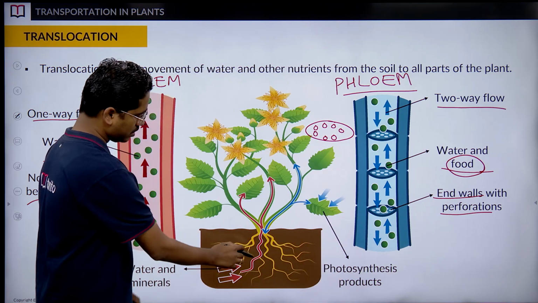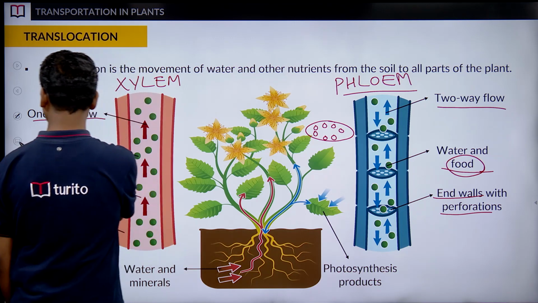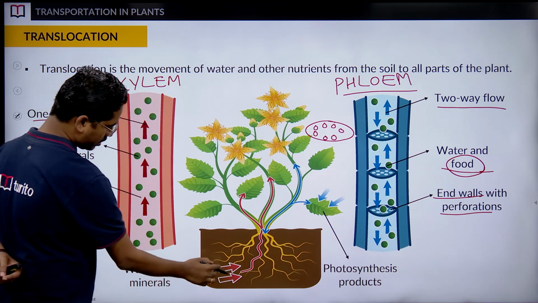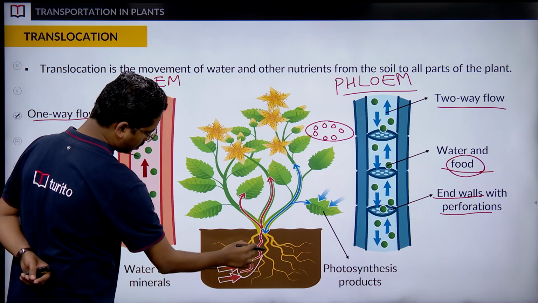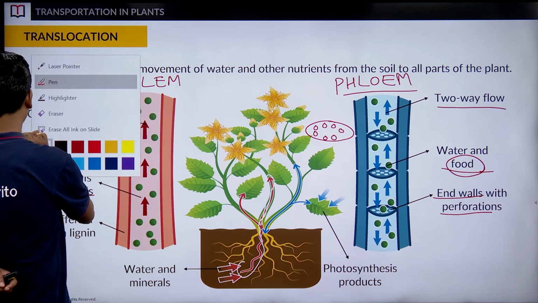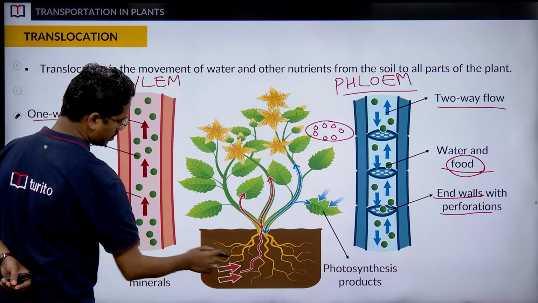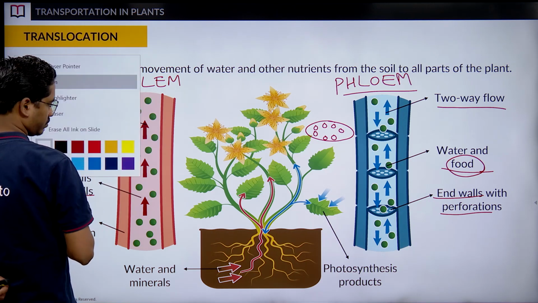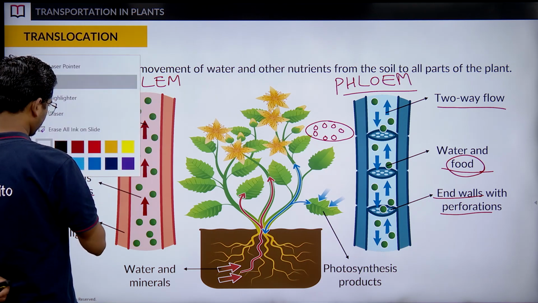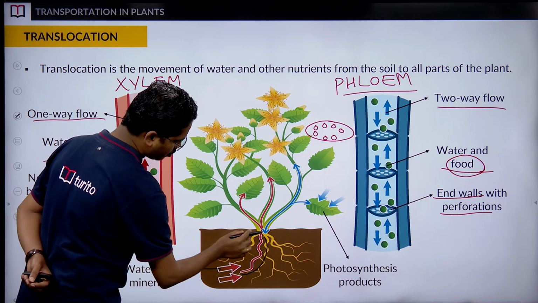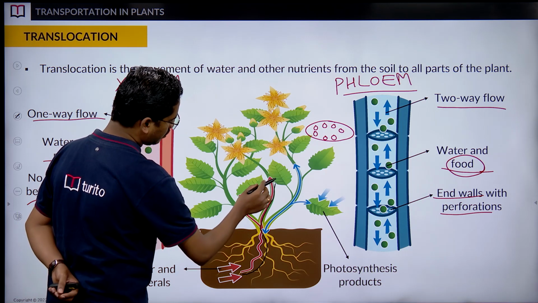So, I will show you in this particular plant. This red color one is showing us the movement of water and mineral.